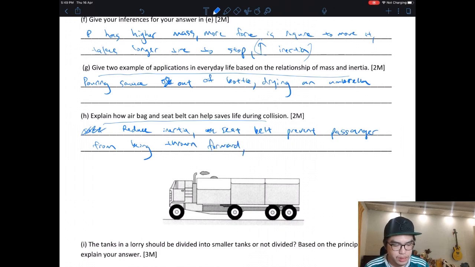And then the airbag prevents the passenger from being thrown forward. Actually, both prevent it from throwing forward. I would say the same thing.